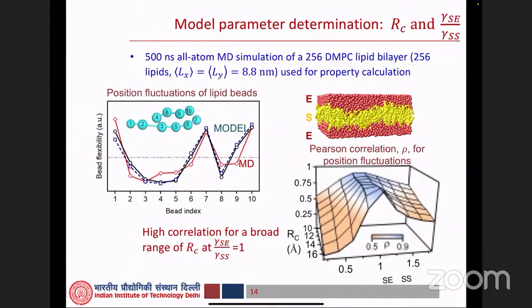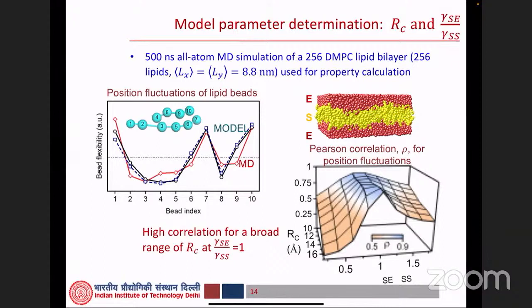What I'm showing on the left is the prediction of fluctuations by our model in blue, for 2 possible values of the cutoff RC, 10 and 14 angstrom. They match overall well with the values obtained from molecular dynamics simulations. This was averaged over all 256 lipid molecules.